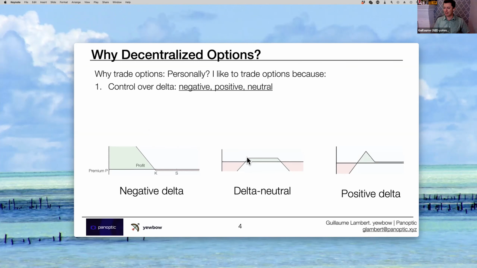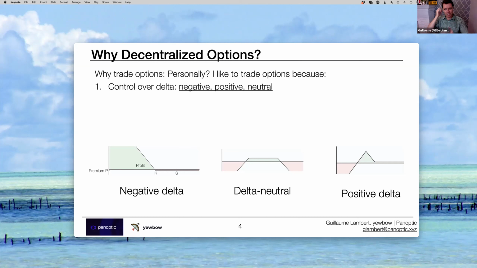So here, this is a short put and a short call that creates your strangle, or your delta neutral strategy. This is 2 short puts and 1 long put. So you can create long and short puts and calls, and you can create pretty much any payoff you want. And that's what I was seeking.